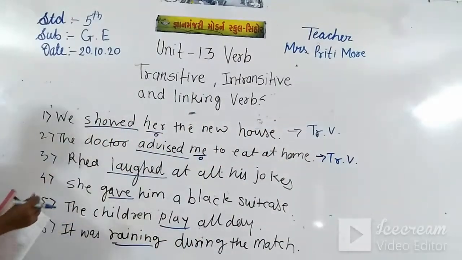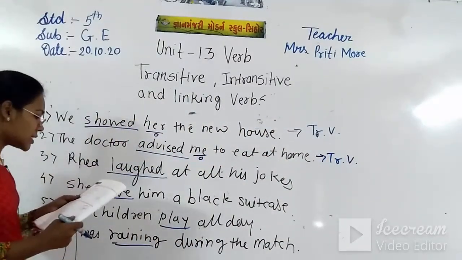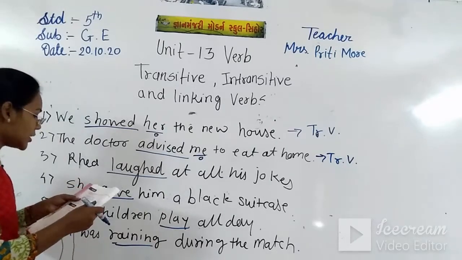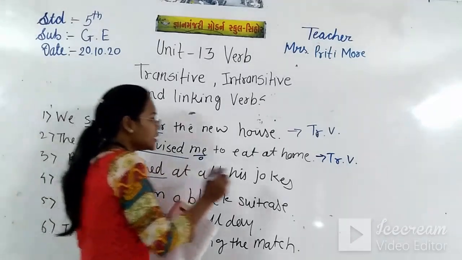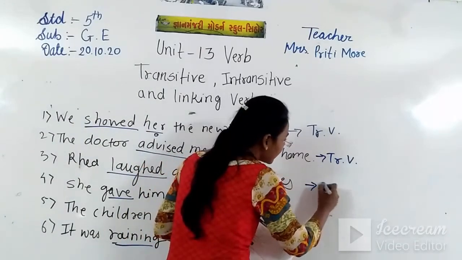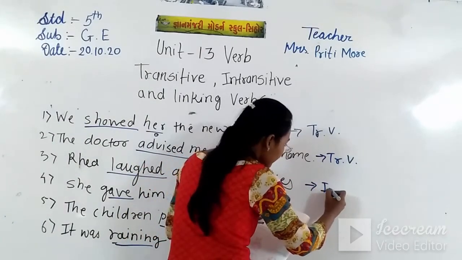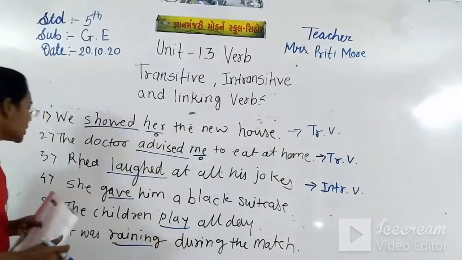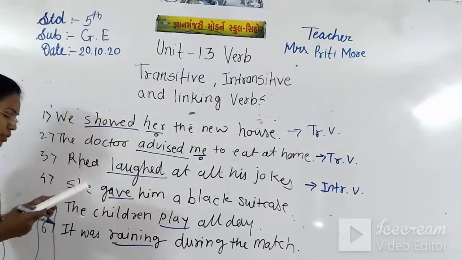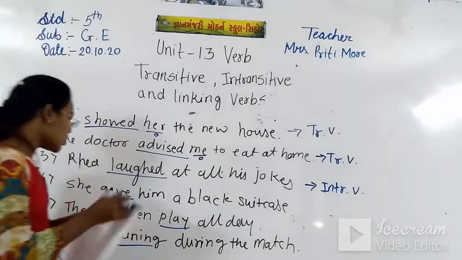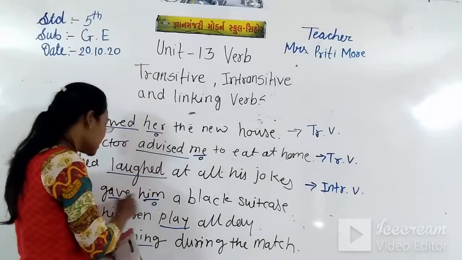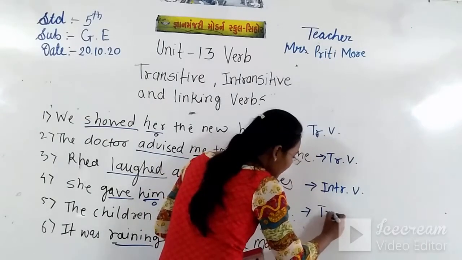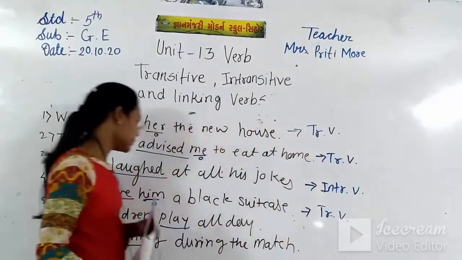Now third, Riha laughed at all his jokes. So this is intransitive verb because there is no object. Now the fourth, she gave him a black suitcase. So him is the object, so where the object is needed, that is the transitive verb.